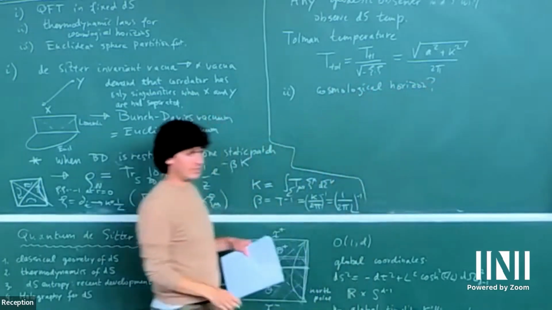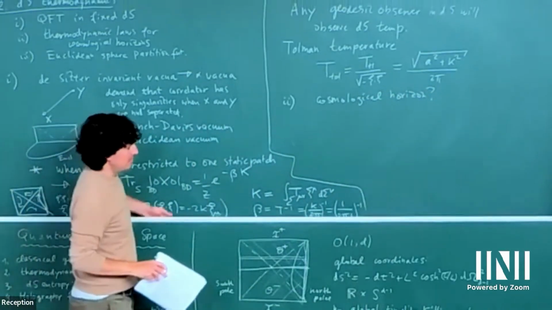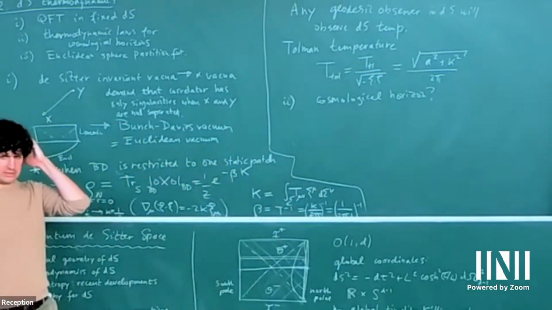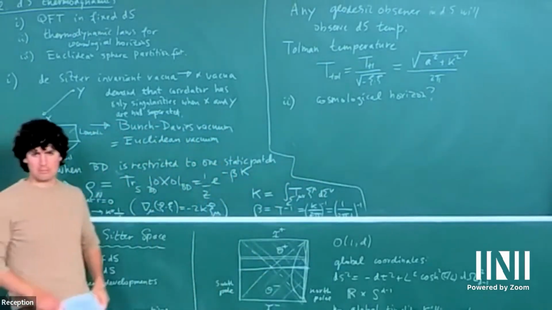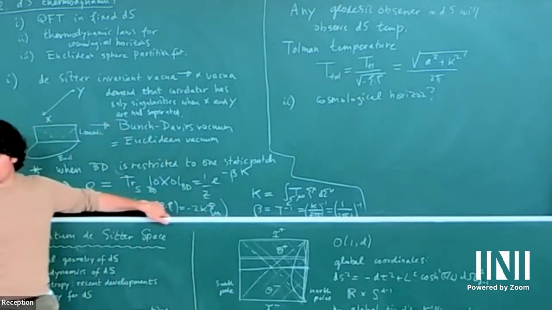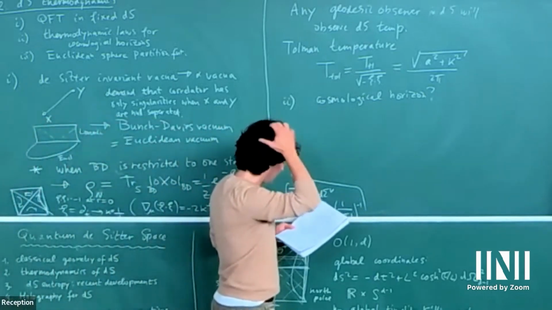So what is actually a cosmological horizon? It's often stated in the literature that it's observer dependent, but actually there's a more covariant way of describing what it is, and I wanted to briefly show that.